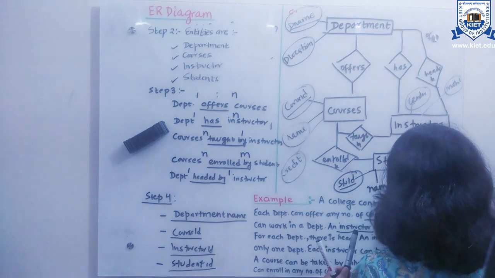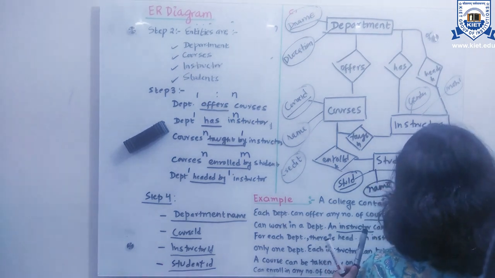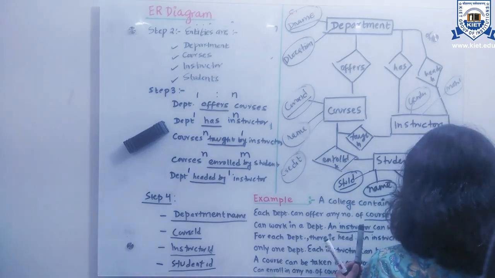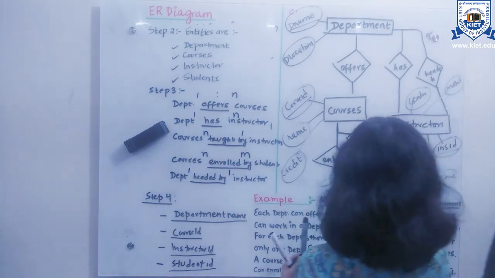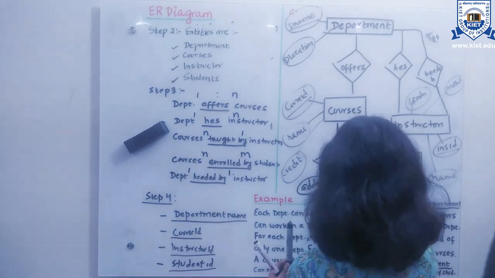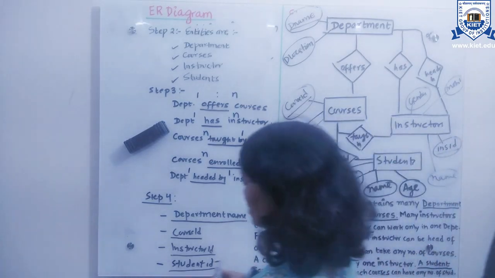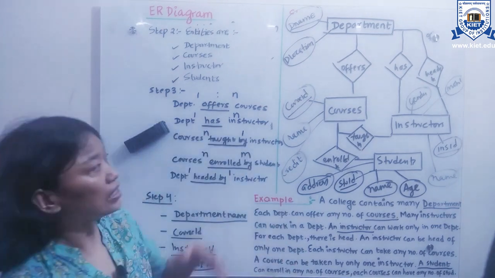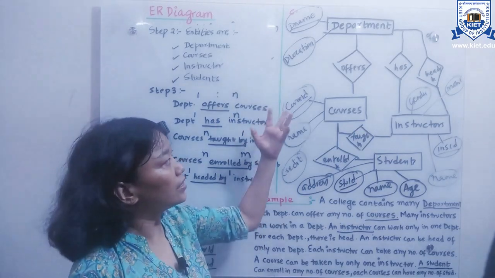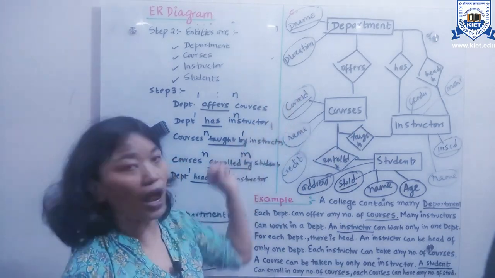Student has their name. Student has their age. Student has some address, and a mobile number that could be there. So by this ER diagram, you can easily see I have already drawn the entities, the relationships and the attributes.